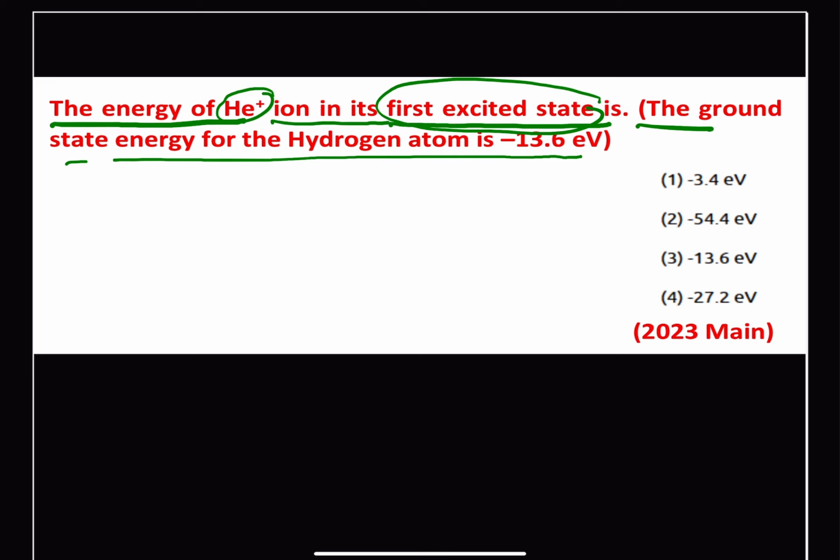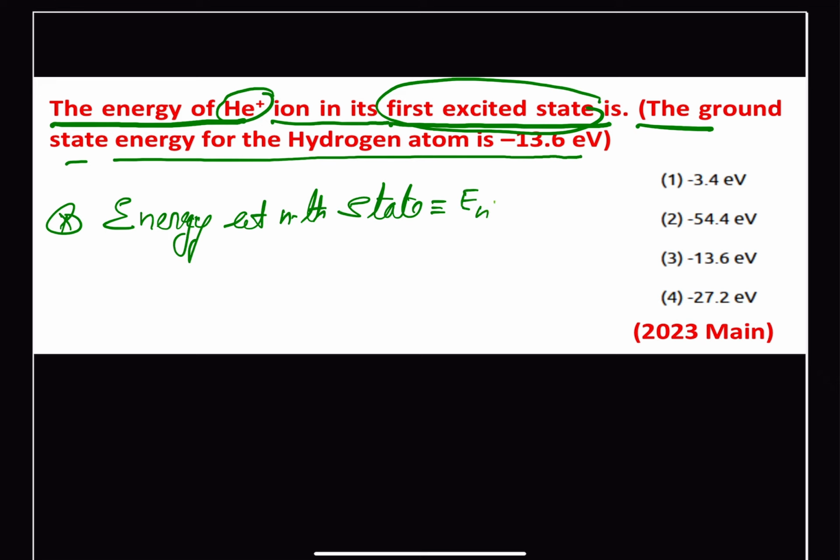And its atomic number, that is our He1 positive, Z is equal to 2. So we can use our standard formula for energy of the nth state. Therefore, we can say that energy at nth state, that is E of n, is equal to minus 13.6 Z square upon n square.